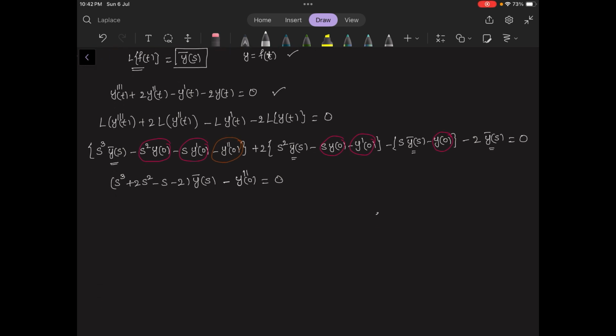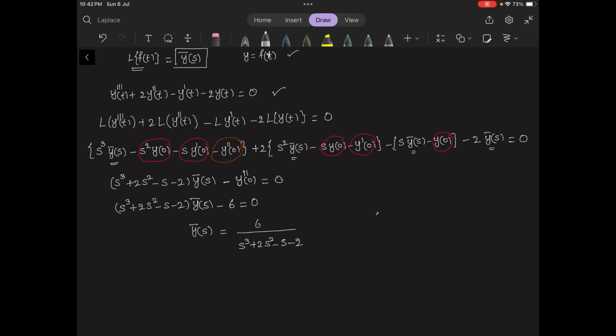So s cube plus 2s square minus s minus 2 into y bar of s minus 6 is equal to 0, which implies y bar of s is equal to 6 divided by s cube plus 2s square minus s minus 2.